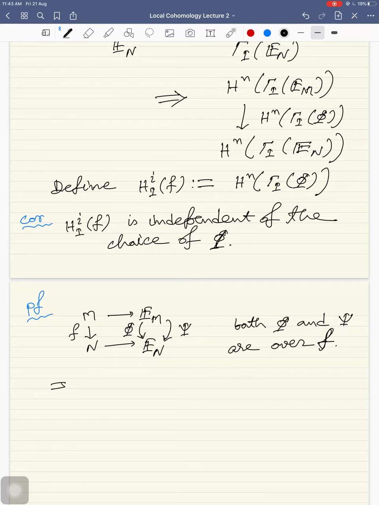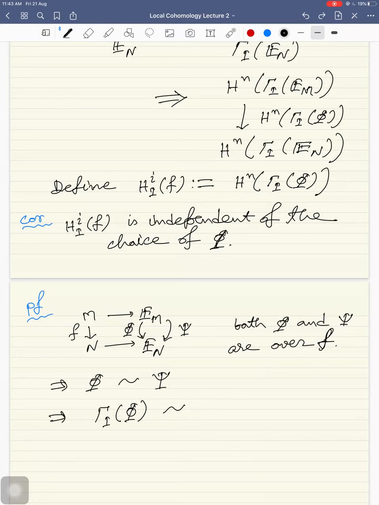So this implies that phi is homotopic to psi, and that implies that after applying this functor again they are homotopic.